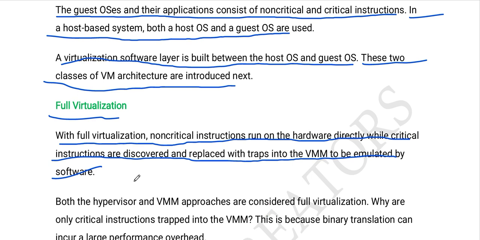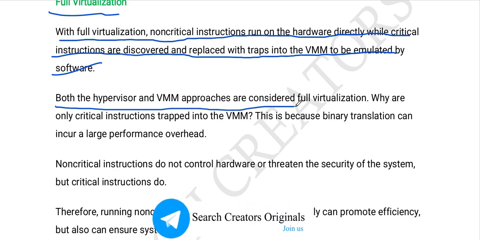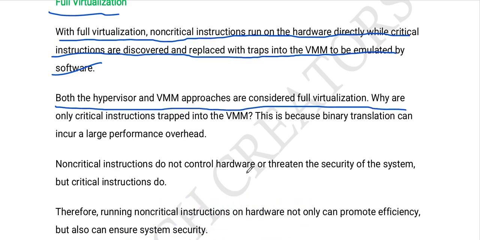Both the hypervisor and VMM approaches are considered full virtualization.